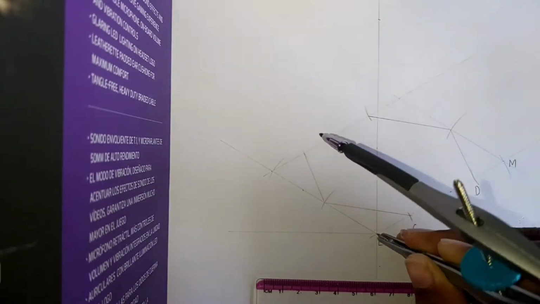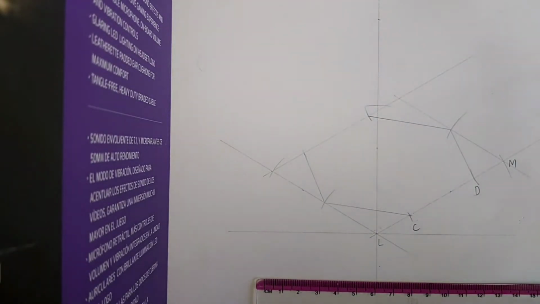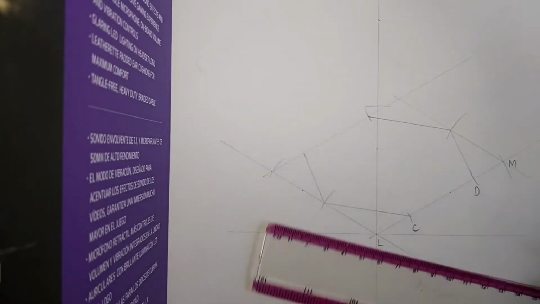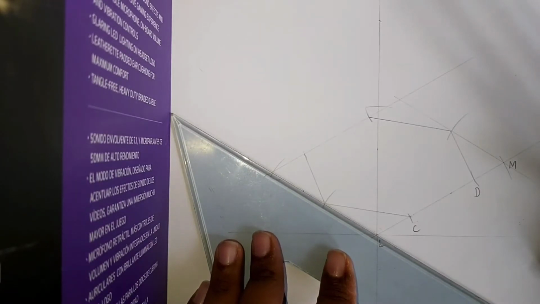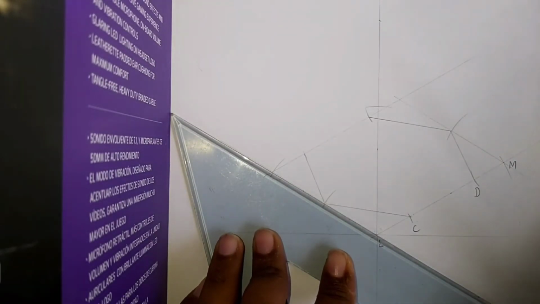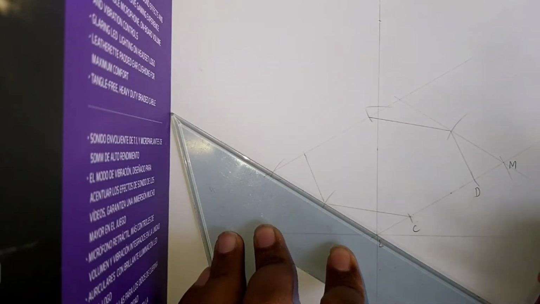So if you don't remember the length, you can rewind to the beginning of the video. And I'm going to slide the 30-degree angles to the height there that I just marked off.